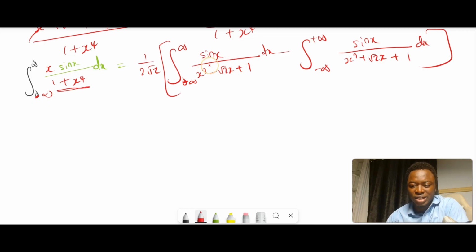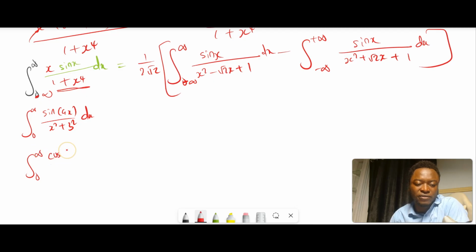Now we recall that there is a way to handle the integral from 0 to infinity of, let's say, sine of ax divided by x squared plus b squared dx, and also the integral from 0 to infinity of cosine of ax all divided by x squared plus b squared dx.